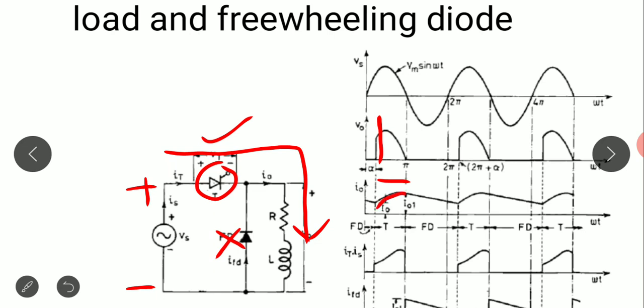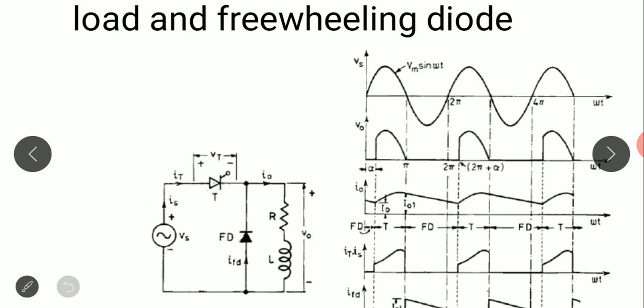And if we talk about I0 current, then you can see that I0 current is also sinusoidal. It is not linear, it is actually sinusoidal, but it is having both exponential term as well as sinusoidal term. We have analyzed previously in our series RL load that the I0 current has both steady state components as well as transient components.